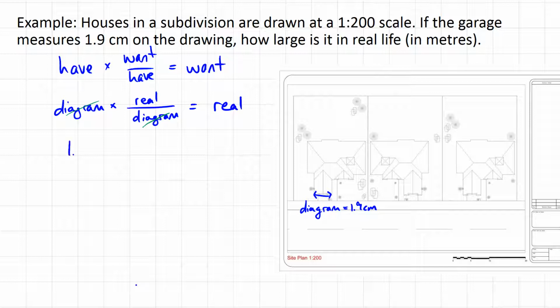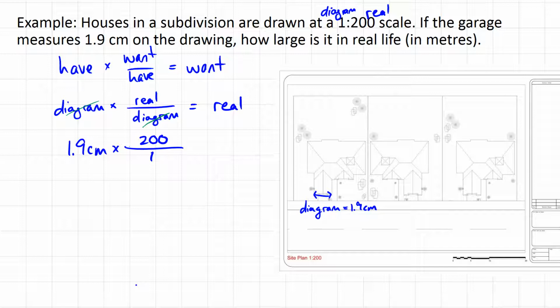So our diagram length is 1.9 centimeters, and we're multiplying that by the ratio of real to diagram as a fraction. Our ratio always goes diagram to real, so the real is 200 and the diagram is 1.